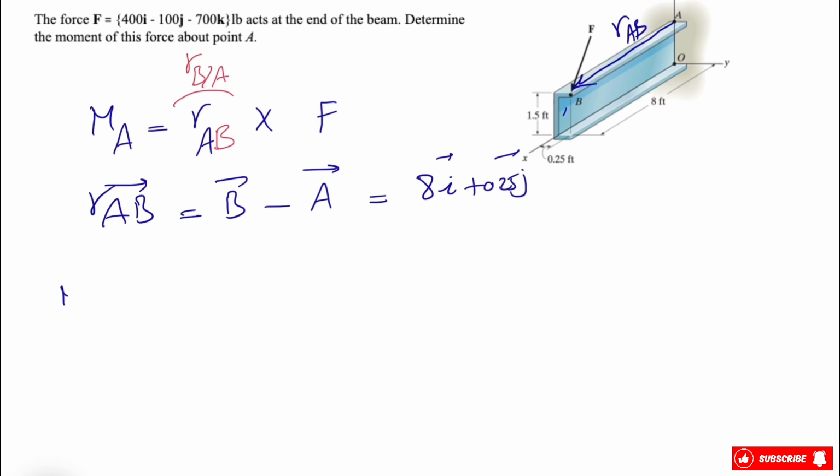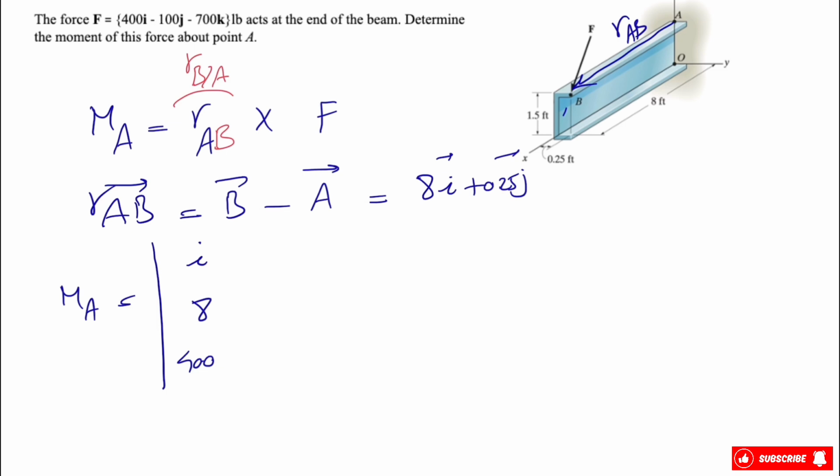So we have M_A, which is the cross product of R_AB and F, and we can go with the determinant that we have for I, J, K. The second row is always the R, which we know, and the third or last row is F, which we know is 400 for I from the question.